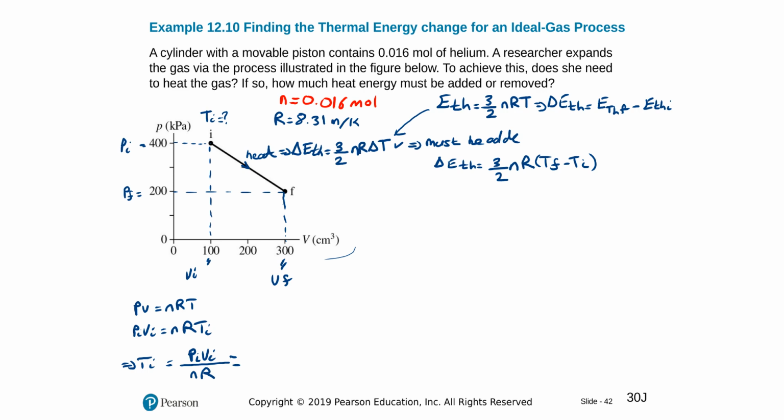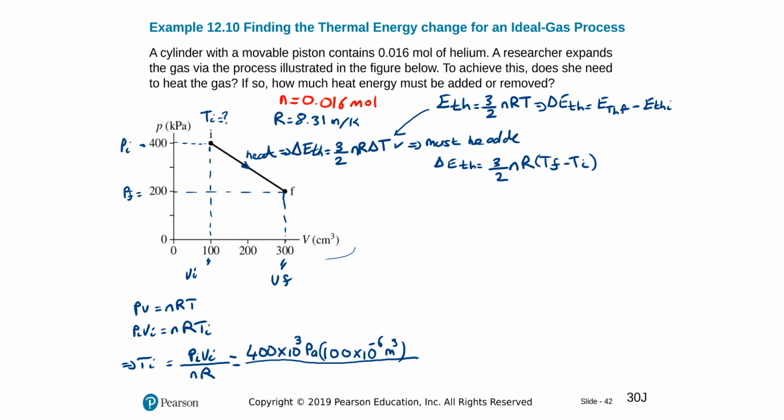My P initial is 400 kilopascal, that would be 400 times 10 to the 3 pascal. V initial is 100 centimeter cubed, that would be 100 times 10 to the minus 6 meter cubed. That's how we always convert from centimeter cubed to meter cubed.